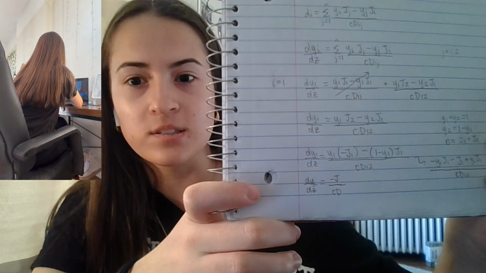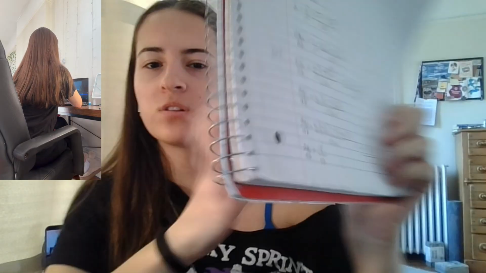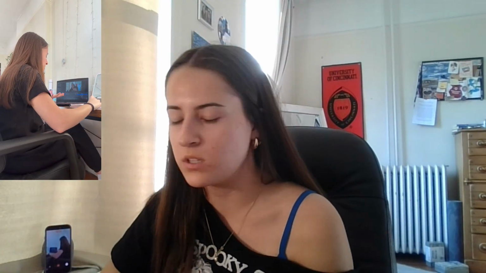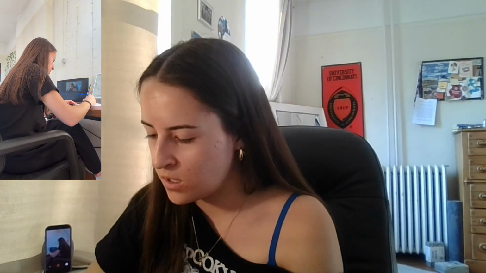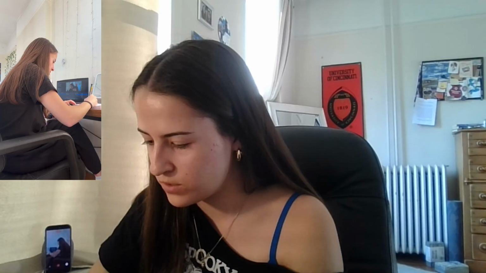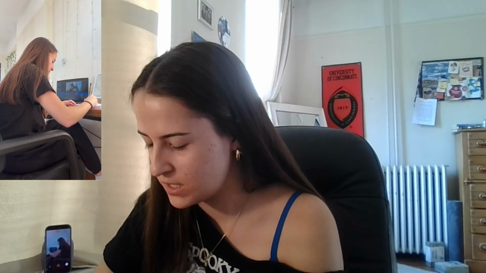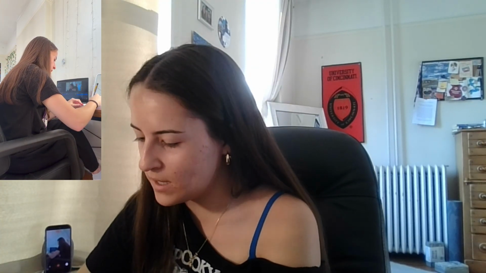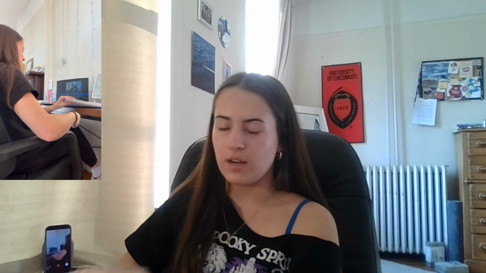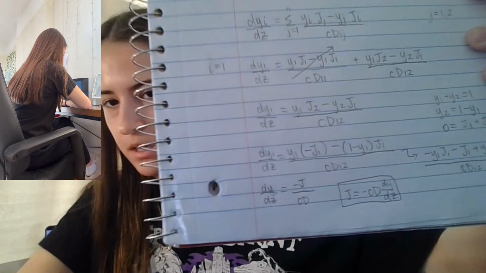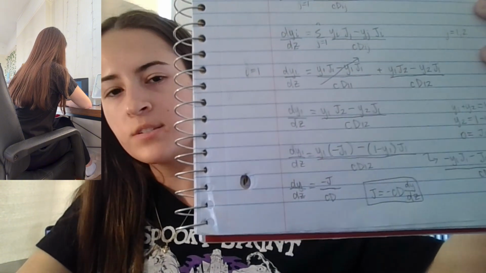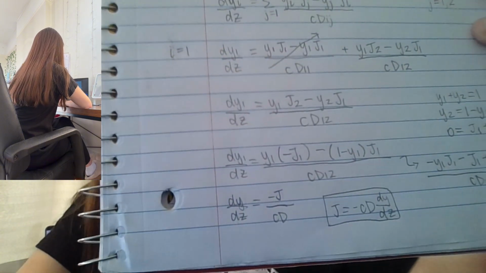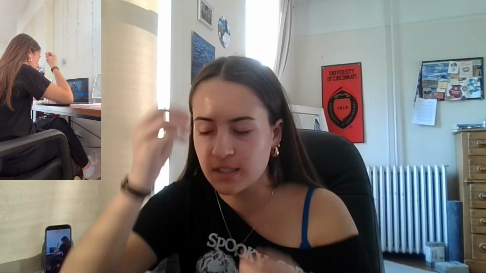If you recall Fick's law, we just need to rearrange this just a little bit to be j equals instead of dy dz equals. So we'll get J equals negative CD dy over dz. And this is exactly what Fick's law is right here. Our molar flux equals the negative total concentration times our diffusion coefficient times the concentration gradient, molar. It's the molar concentration gradient, but concentration gradient regardless.